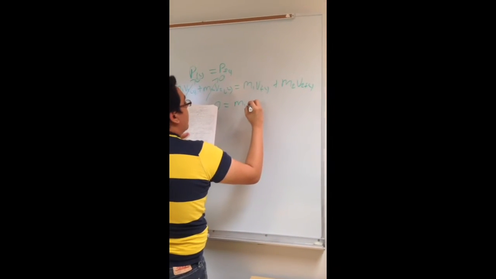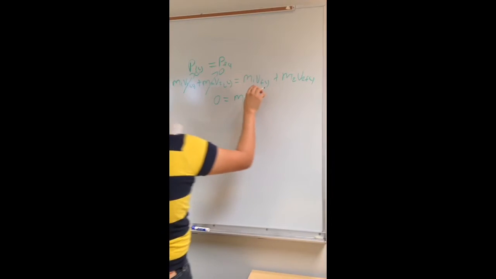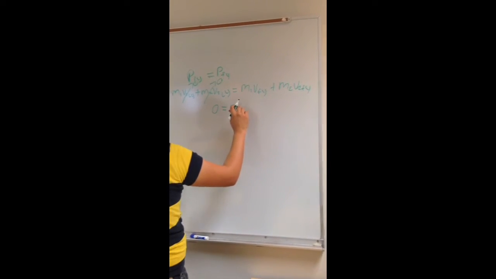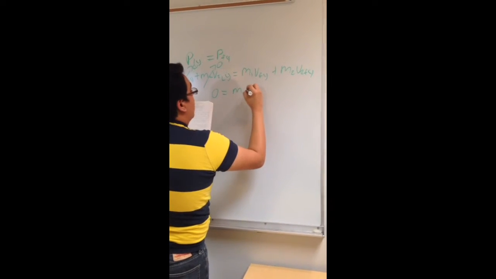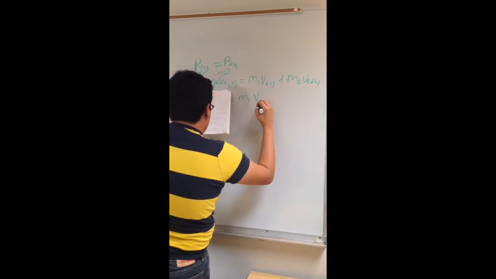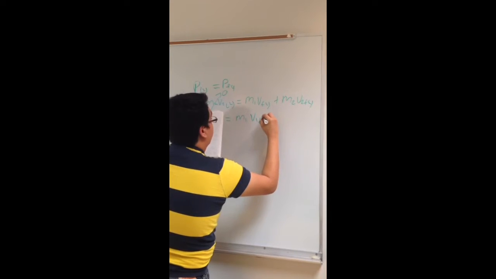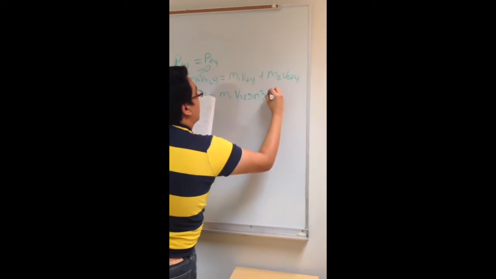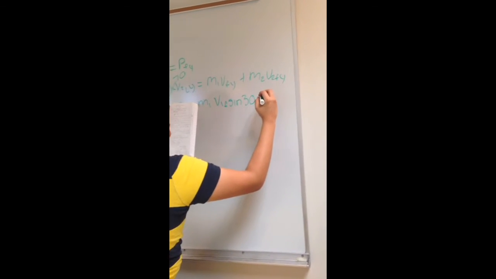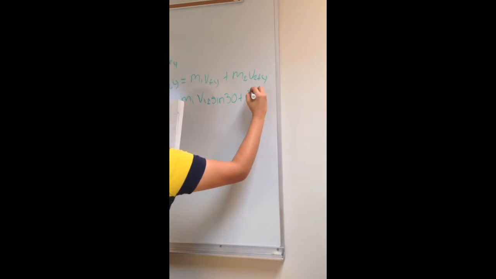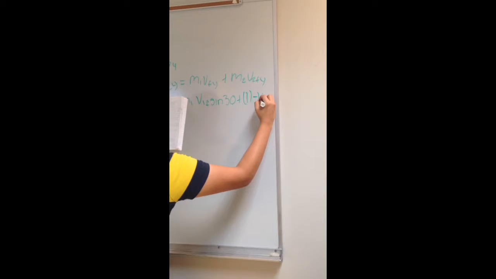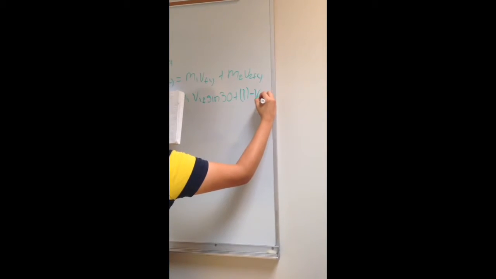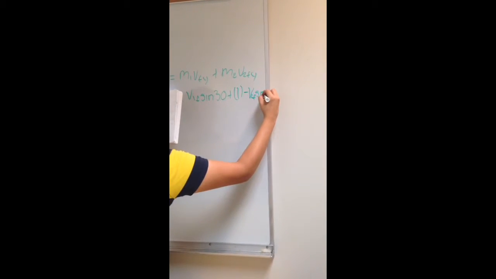M1 times V1F sine of 30 plus M2, which is 1, times negative V2F sine of 60.